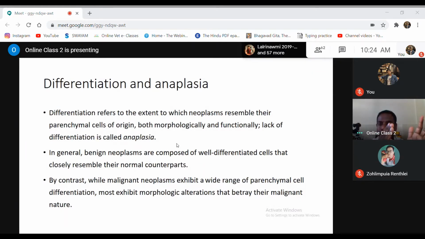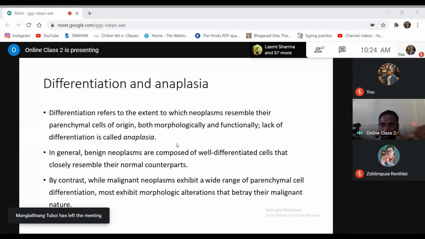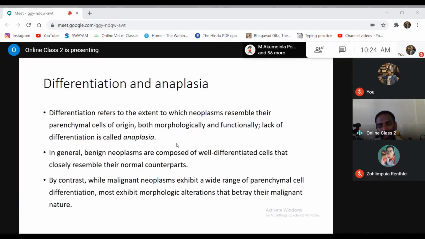The megakaryocyte is the initial stage. It slowly changes into rubriblast, rubricyte, and then ultimately the mature RBC. These are different stages in the development of RBCs. When a tumor arising from an RBC is benign, the cell will be more or less in the rubricyte stage, the more matured form, or even the matured RBC.